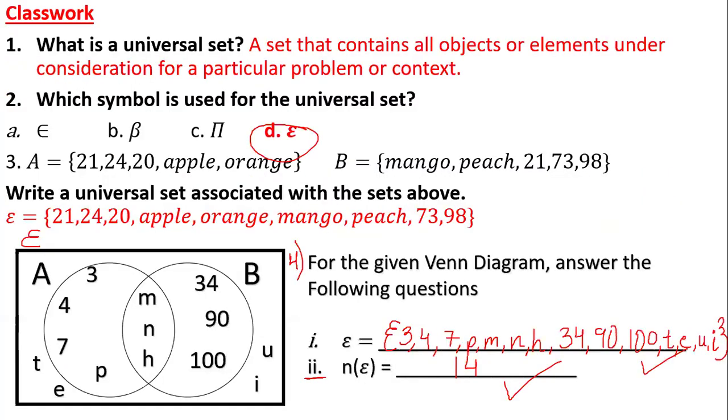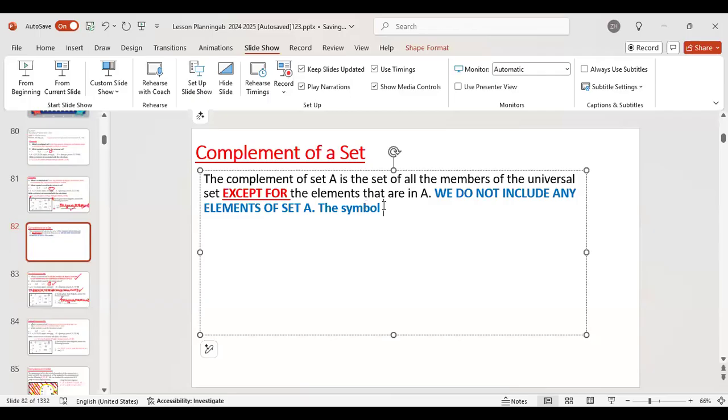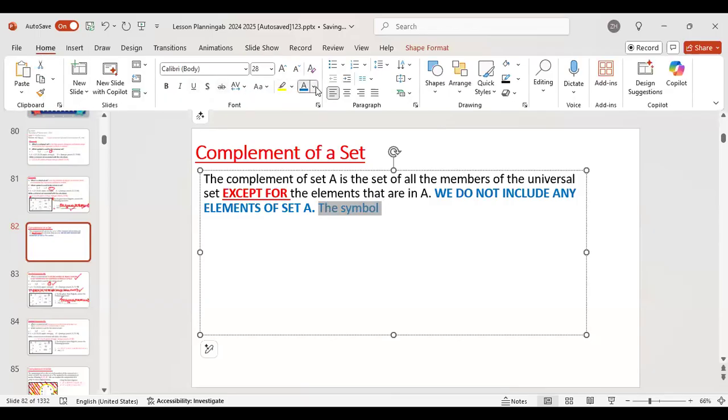So let's go back here. Now let's look at the symbols. There are multiple symbols for the complement of a set. So the symbol for the complement of set A is the following.